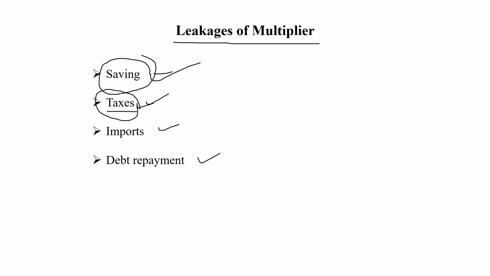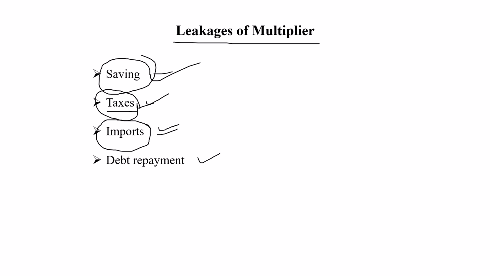The next point is imports. When a person or a firm imports goods from other countries, the person or firm has to pay money to the other country. In this process, the multiplier effect will be less in the domestic country because money goes to the other country.